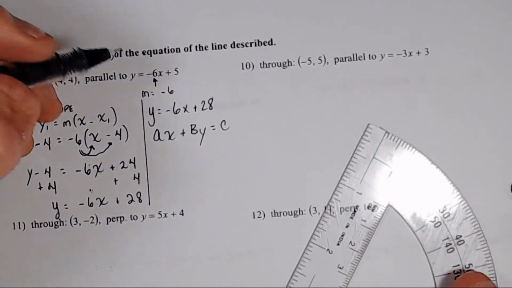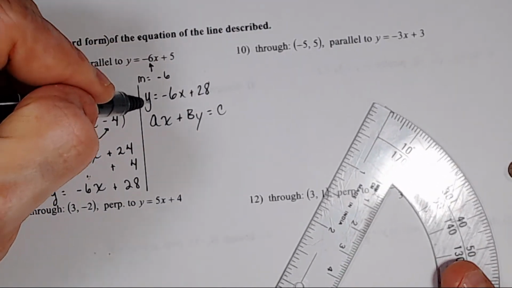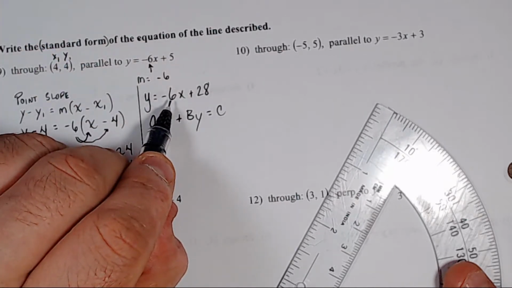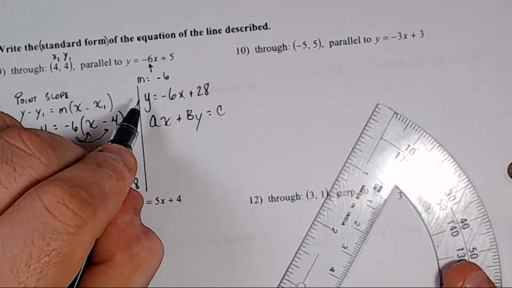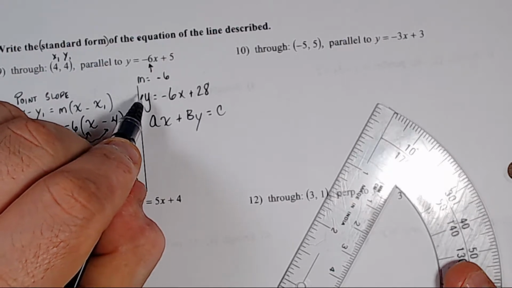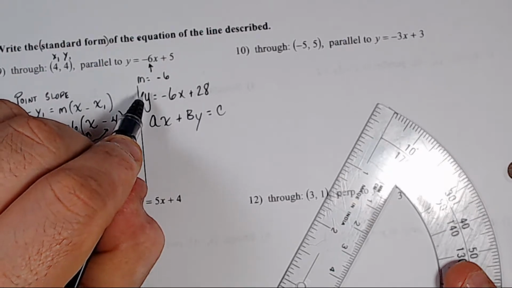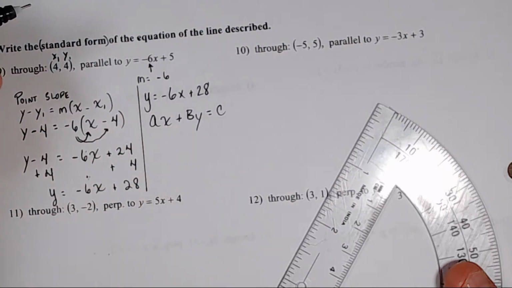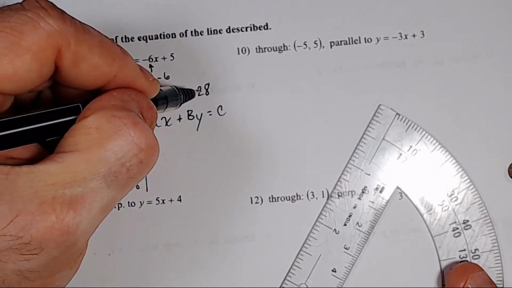Well, it's pretty simple. Here's your y factor. Here's your x factor with the a in front of it. Okay, what's the b factor? It's hiding invisibly here. What's the b factor? 1, right? And here's the c factor, 28.